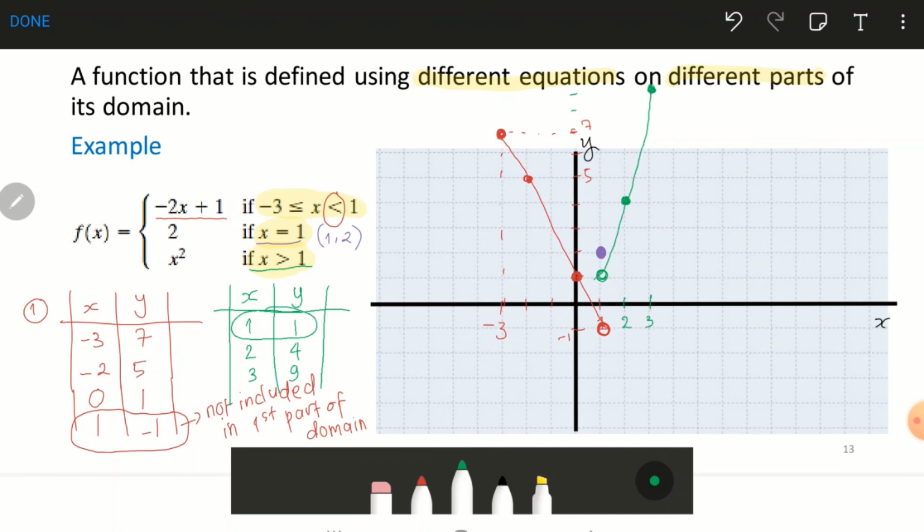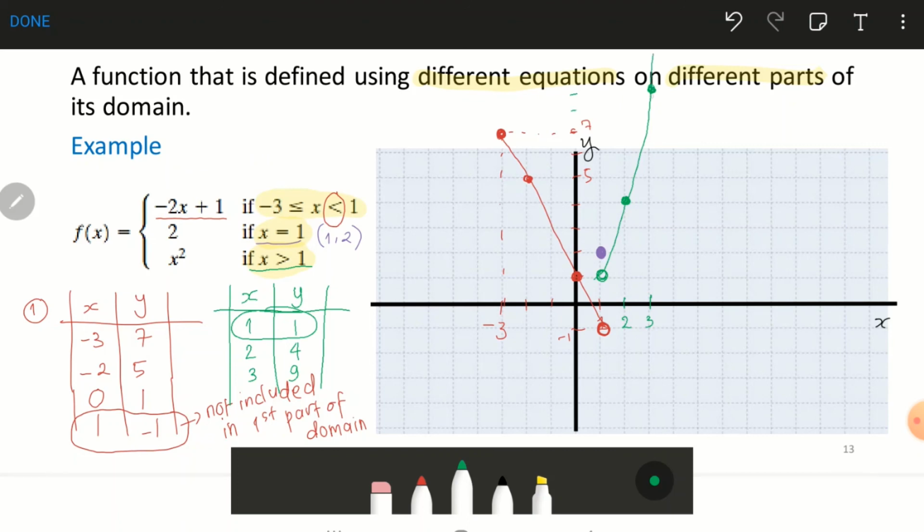Our graph is quite unique. This whole graph is the graph of f(x). It looks cut here and there, so it's not smooth, but this is the graph of the function.